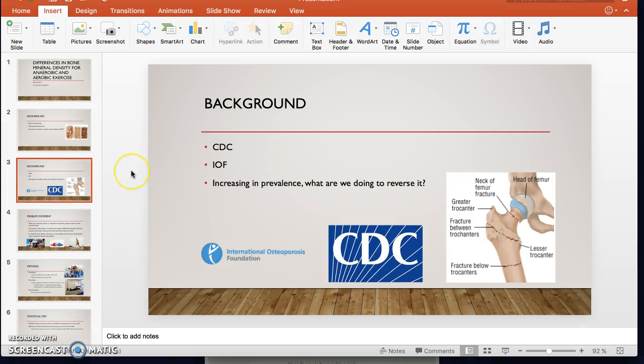For some more background, according to the CDC, this is back in 2008, but this was the most current that I could find here, 9% of the population over 50 years old has osteoporosis. 9% doesn't sound like a whole lot, but when you think about it, 9% of the entire population over 50 is actually a pretty good number.